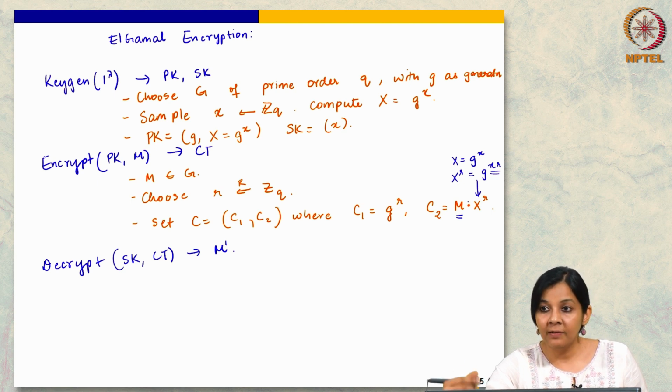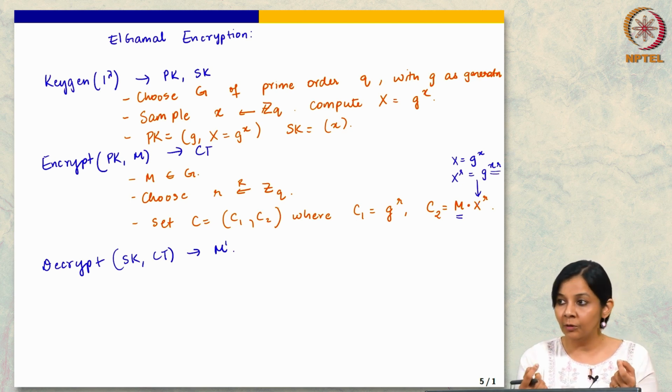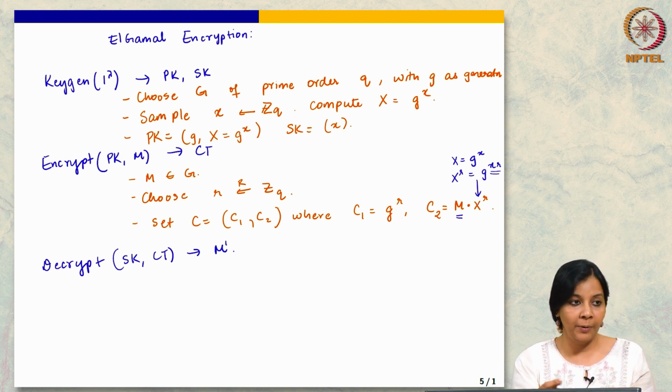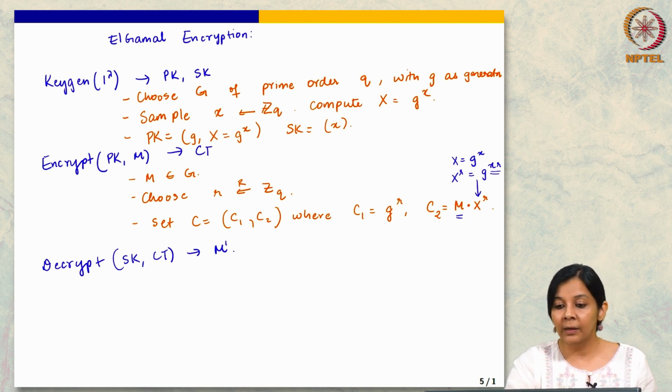So, my message is in the group and I am doing a sort of group operation with a random element. So, if I take a fixed element and a random element in a group and I perform the group operation, I will get, in a finite group, a random element, right. So, this is already an intuitive way to see why this C2 should be secure.